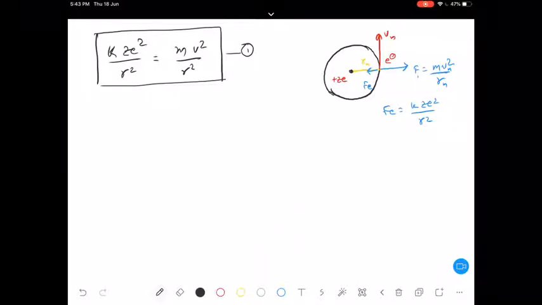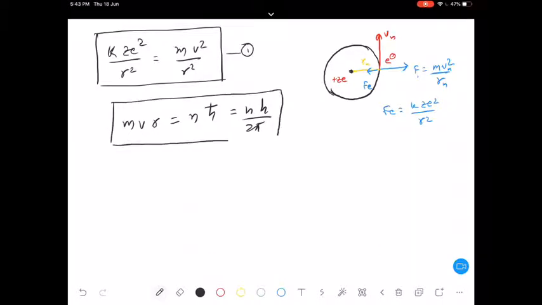Equation number 2, the second thing he said, is that angular momentum will be conserved. mvr, or mVn Rn, is equal to n h cross, or n h upon 2 pi, where m is the mass of the electron. That is the second expression, right?